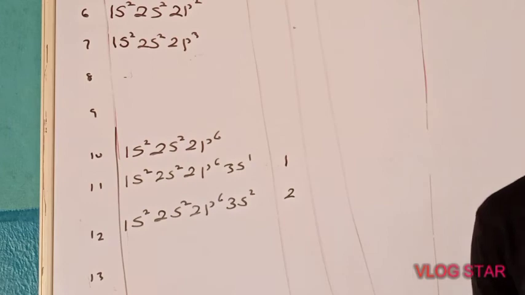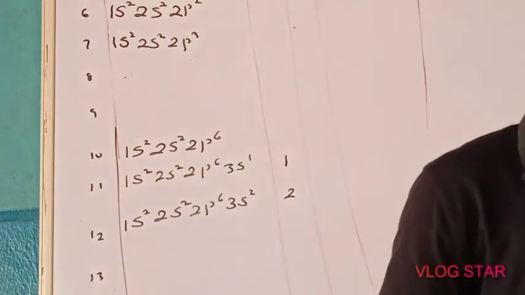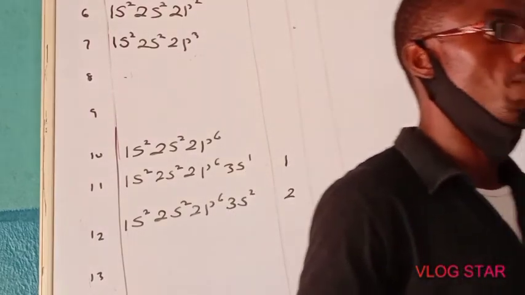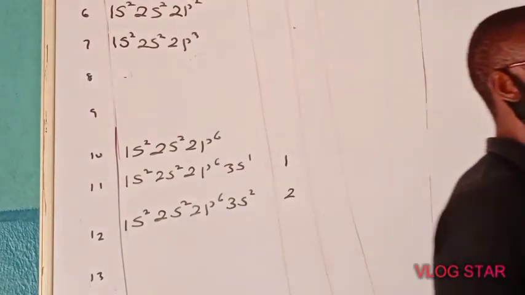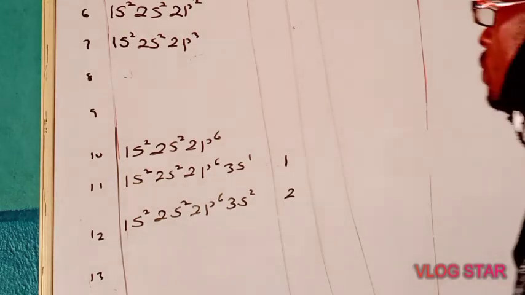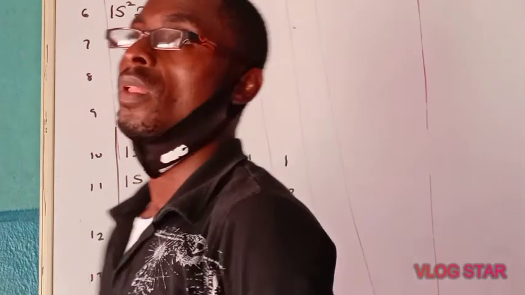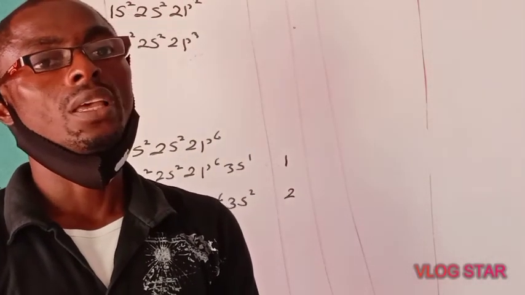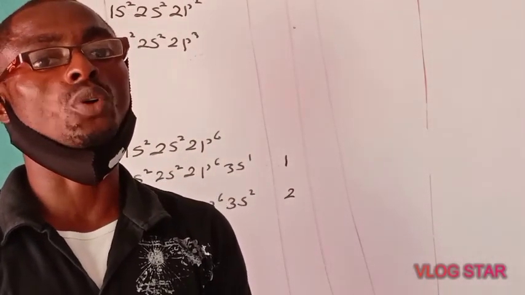However, when the last 2 orbits have the same sub-energy level, the group is the sum of their electrons.